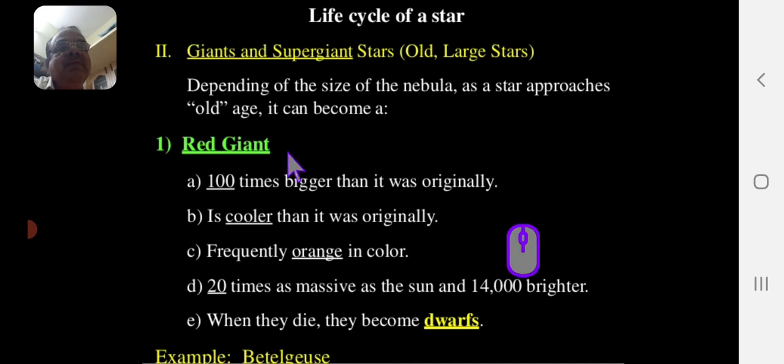So it can become a red giant. This red giant is 100 times bigger than it was originally, and it is cooler than it was originally.